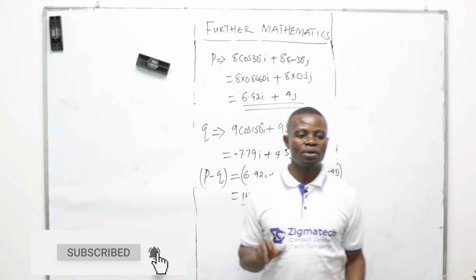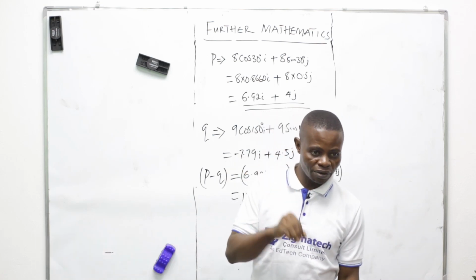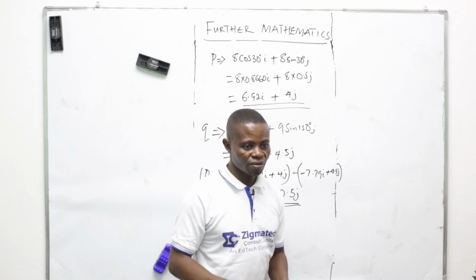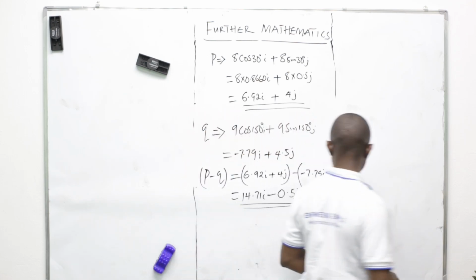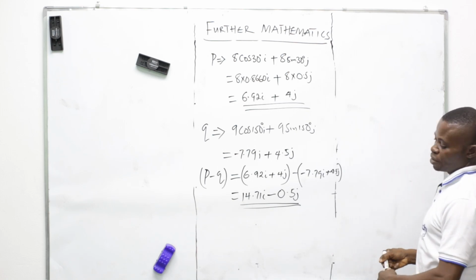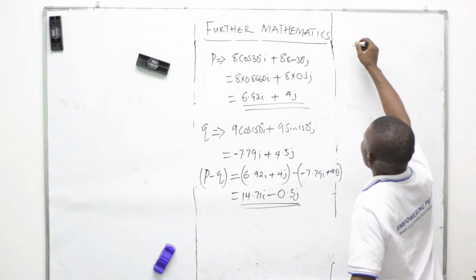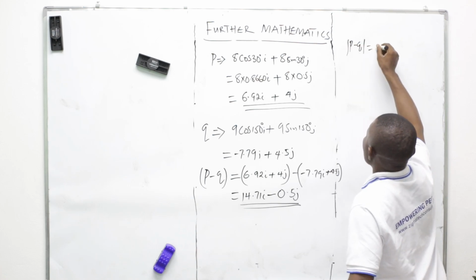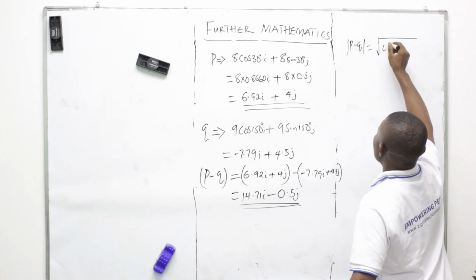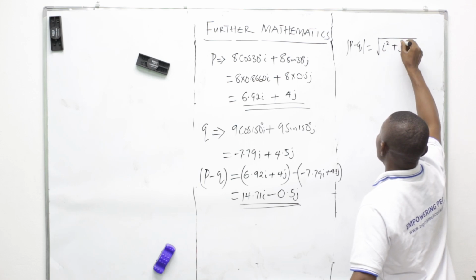But the question says represent in component form the unit vector. Representing it in component form implies we'll get the magnitude of P minus Q. Magnitude equals square root of I squared plus J squared.